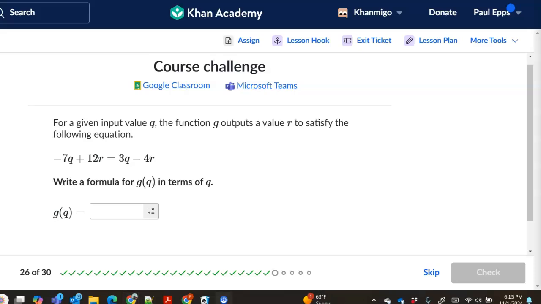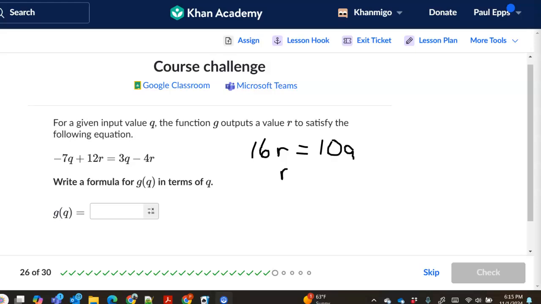All right, so we would have to solve it for r, right? So let's put these together. We'll add 4r to both sides and get 16r. Add 7q to both sides, and that equals 10q.